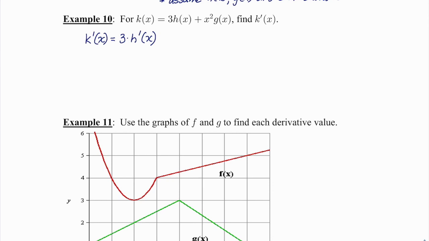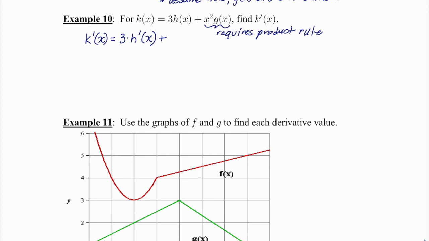So I do 3 times the derivative of h. And then I will add to that the derivative of x squared times g of x. When I do the derivative of this term, this will require the product rule, because there I have two factors that both involve a variable.